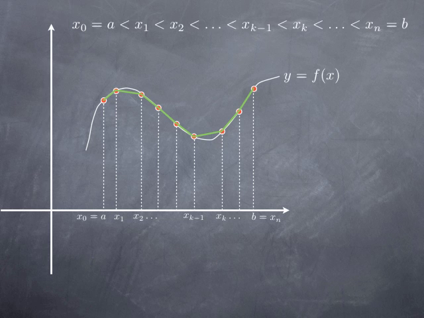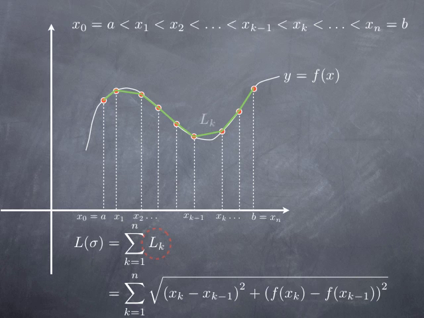The length of this polygonal curve is of course the sum of the lengths L_k, where L_k is simply the length of the line segment that joins the extremities of the kth subinterval, so the one from x_{k-1} to x_k.